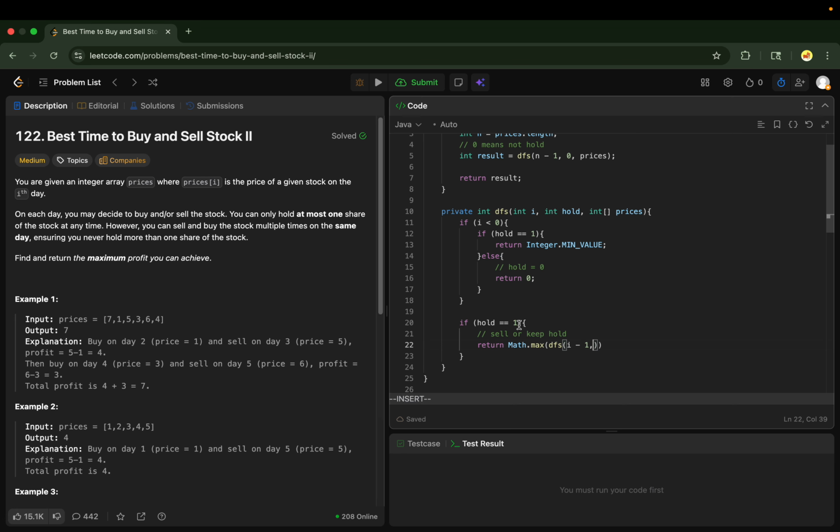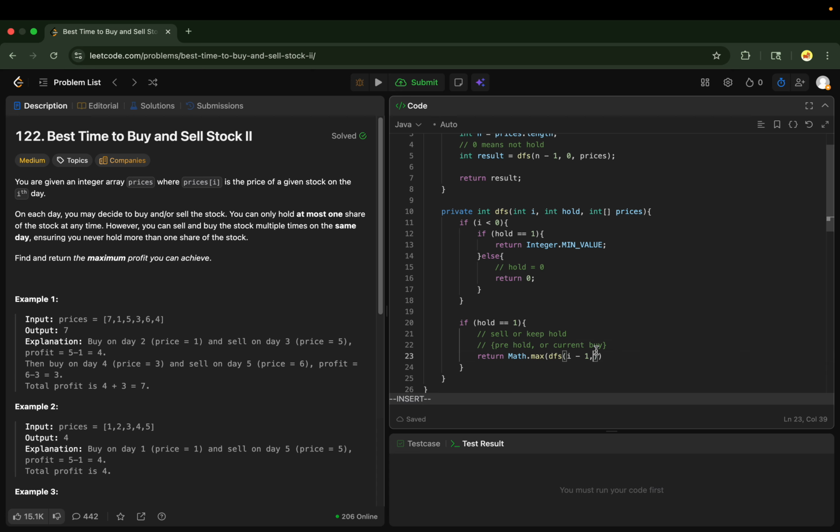The current one is hold, which means there are two conditions: previous hold or current buy.